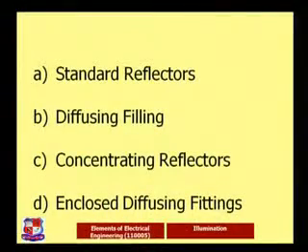Enclosed diffusing fitting. Now these particular reflectors are closed, enclosed ones, and it may happen that we require very little light onto the ceiling. So no losses are there, all the things are enclosed by the reflector.